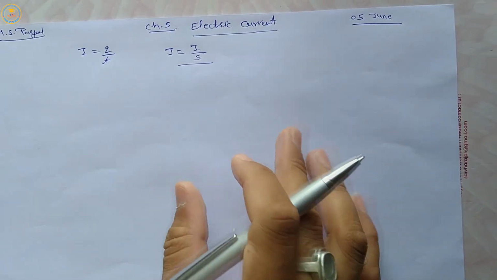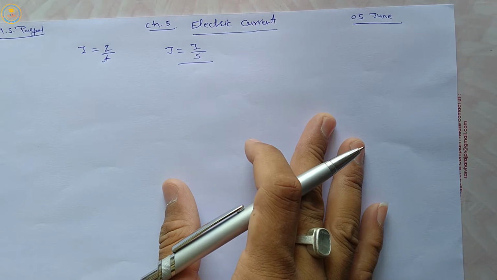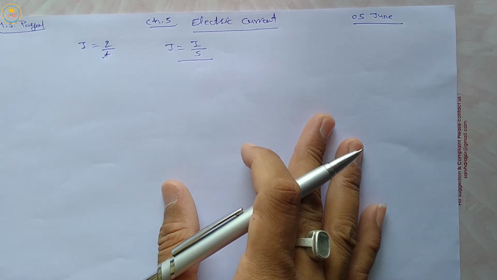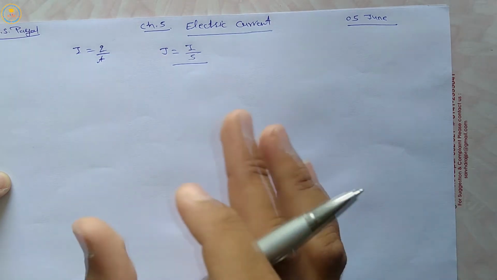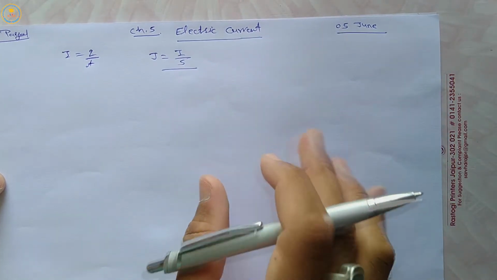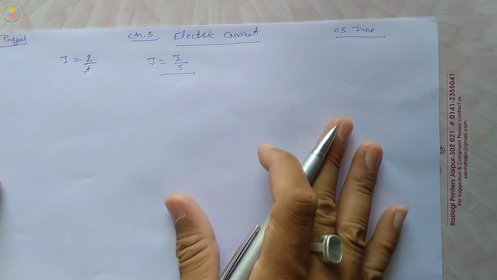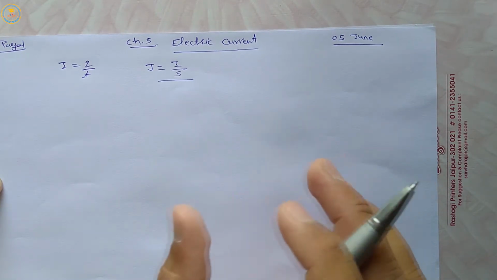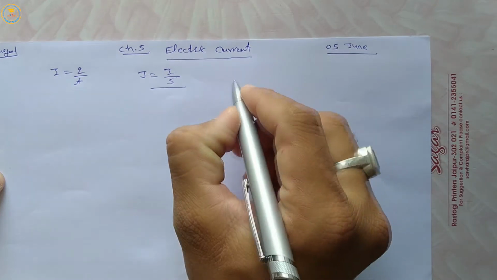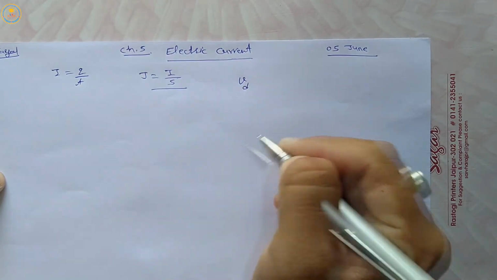What is drift velocity? In the presence of an external electric field, the average value of velocities of free electrons is called drift velocity. Drift velocity is denoted by Vd.